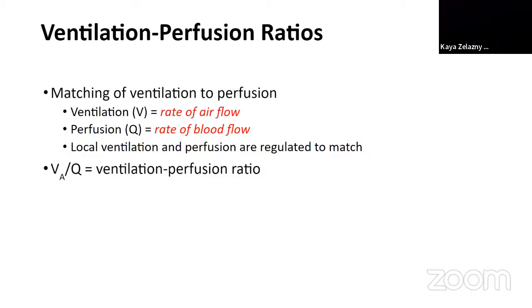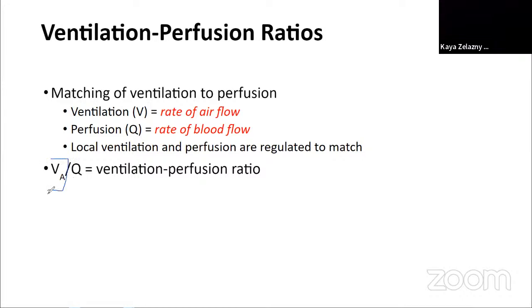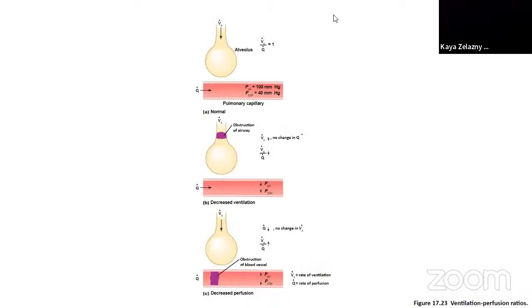So we create a ratio matching how much ventilation we have happening. These are rates, so usually I think we see little dots over them. But all we're saying is we're dividing our rate of airflow by the rate of blood flow. Ideally, we want them to be the same.